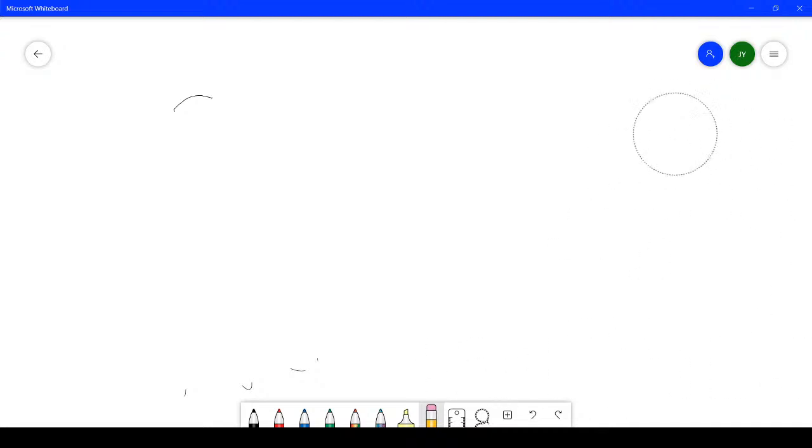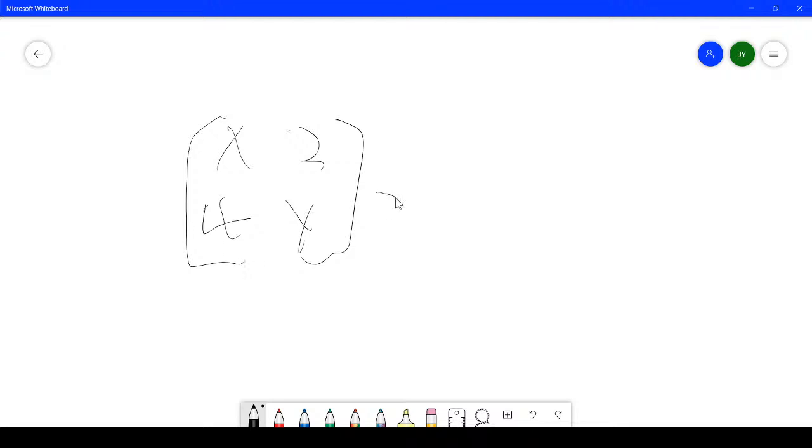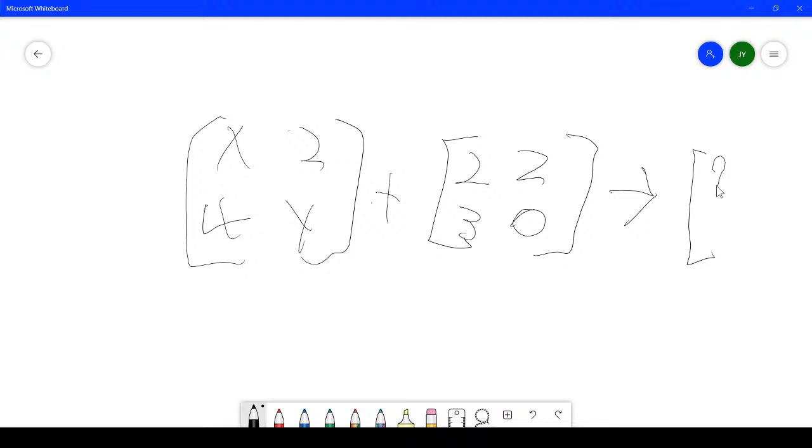They can change this up by going something like x, 2, 4, y plus 2, z, 3, 0, and have this equal something like 8, 7, negative 2, 9.